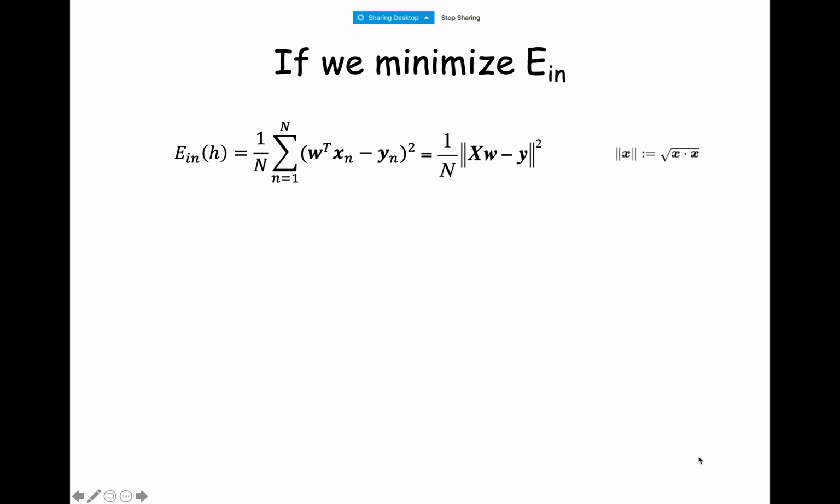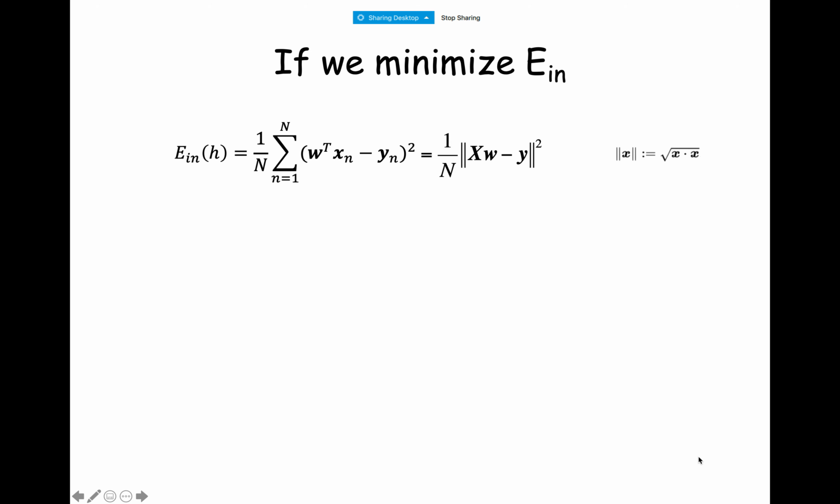This isn't the only way you can do it, but because it's in closed form and has nice, smooth properties, it's a lot easier to solve for W directly. You might be asking yourself, is that really searching for a hypothesis? Yes, it is. You're searching for the best hypothesis mathematically. It's just that this form of in-sample error, this coincidence measure between your ground truth target function and your current working hypothesis, lends itself to being solved mathematically.